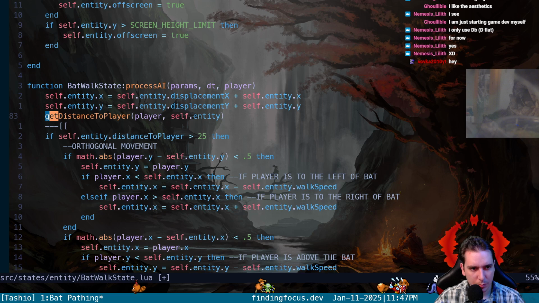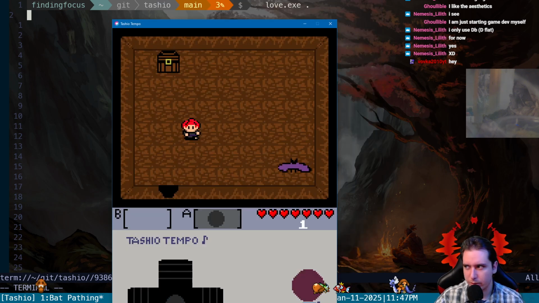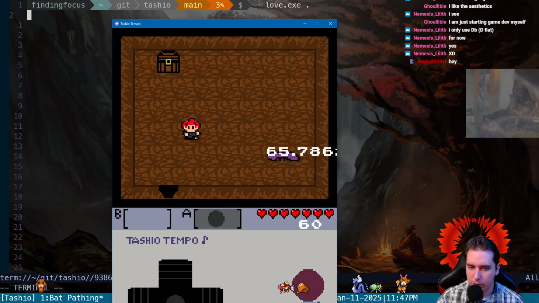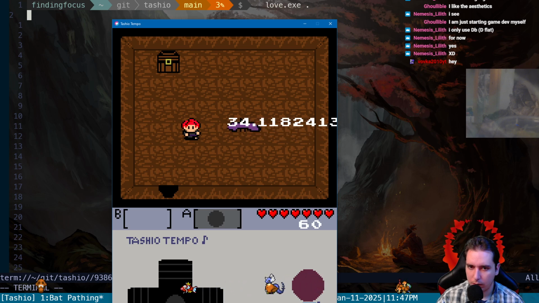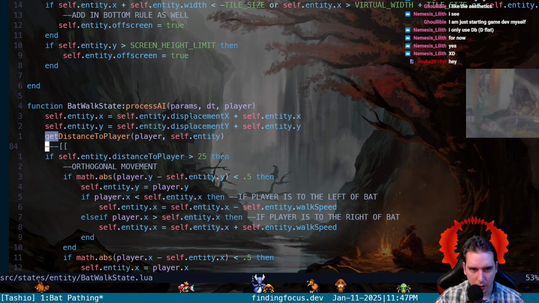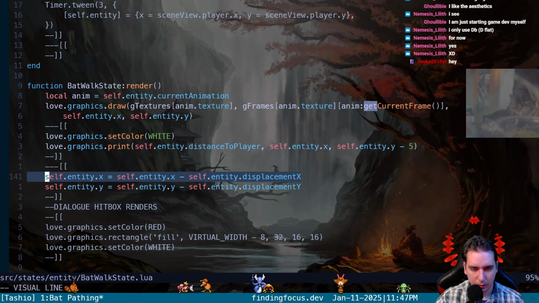Or let's do it before the get distance to player, because we have to account. Yeah, I think that'll fix it actually. If we do it before that function, we should. Well, let's see. Nice. We are displacing. Okay.